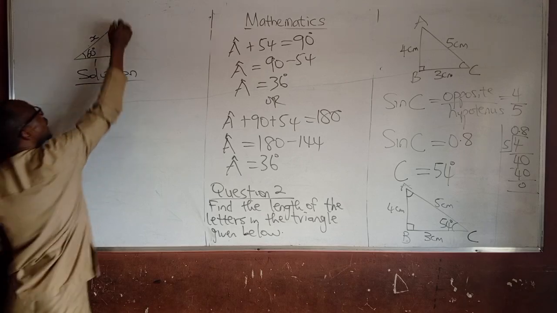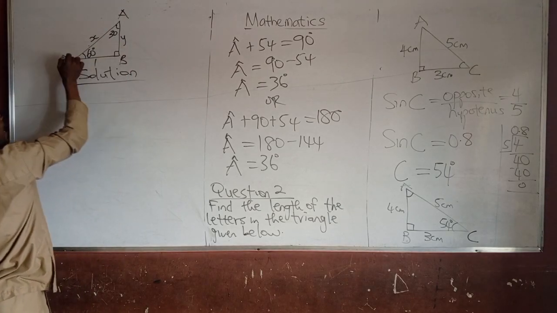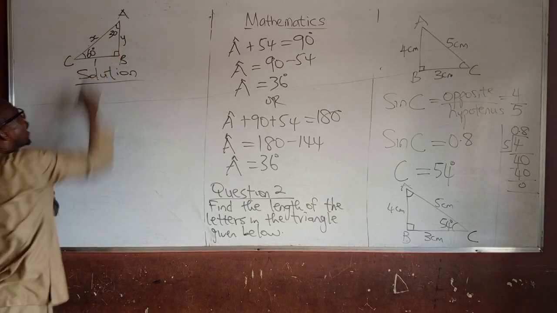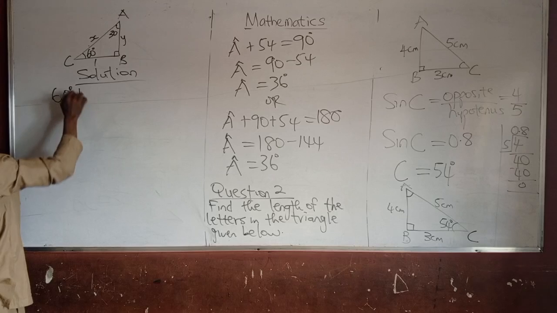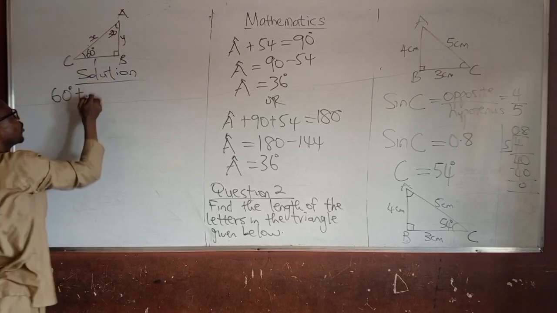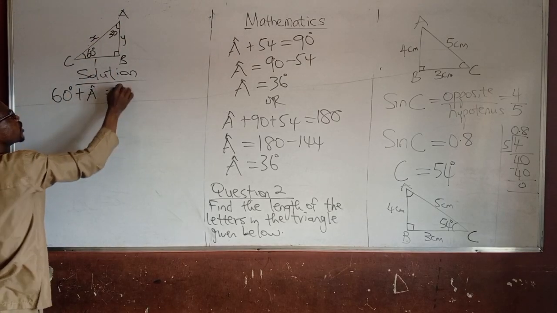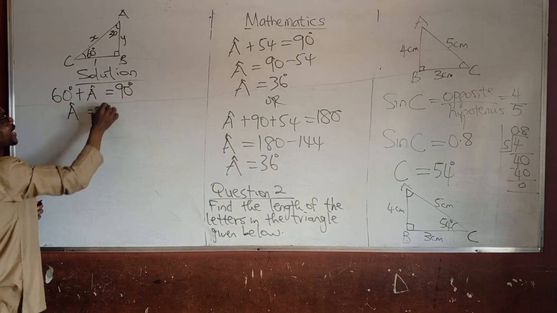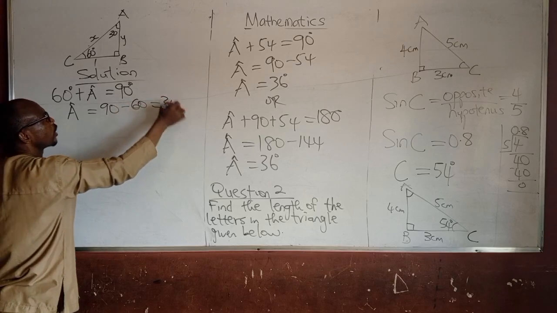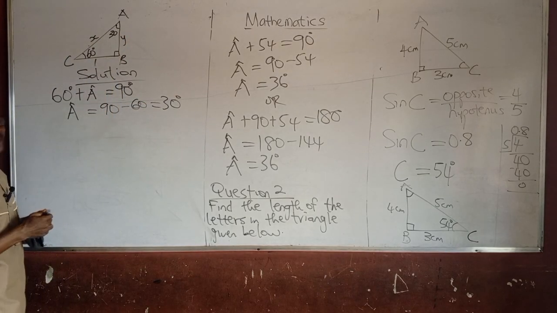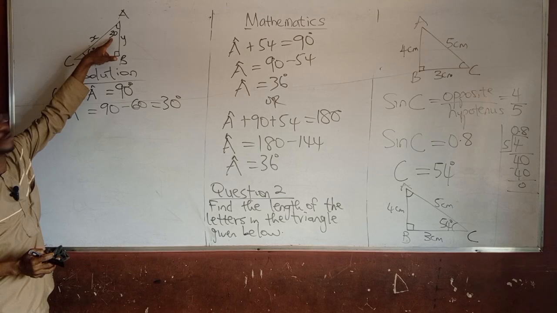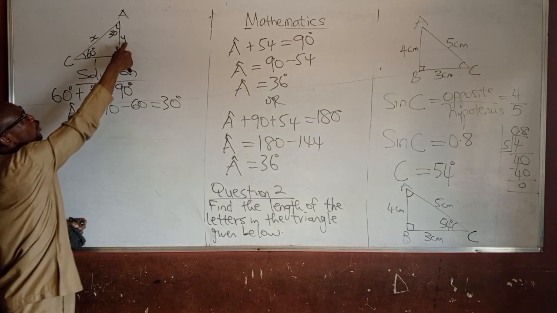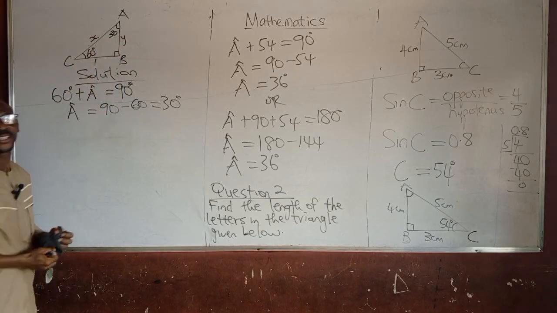If for example I name them A, B and C, this angle here, our 60 degrees plus this angle A will be equal to 90 degrees. And A will be equal to 90 minus 60, which gives us 30 degrees. So we will get 30 degrees there. Automatically, we now know that we want to look for the values of y and x.